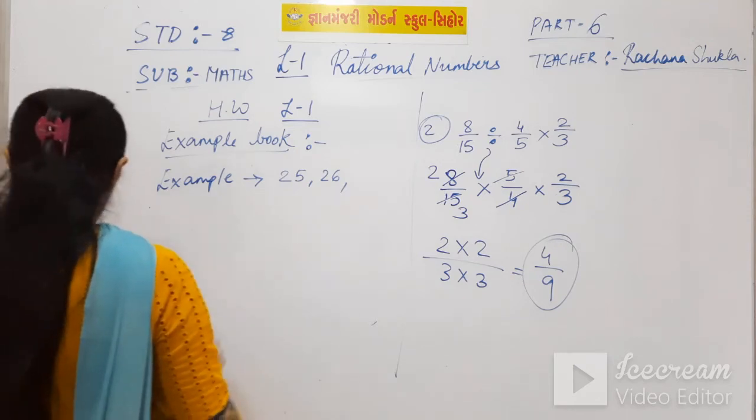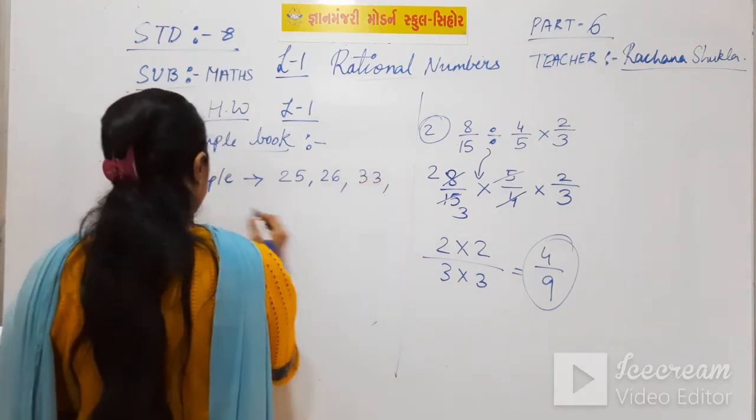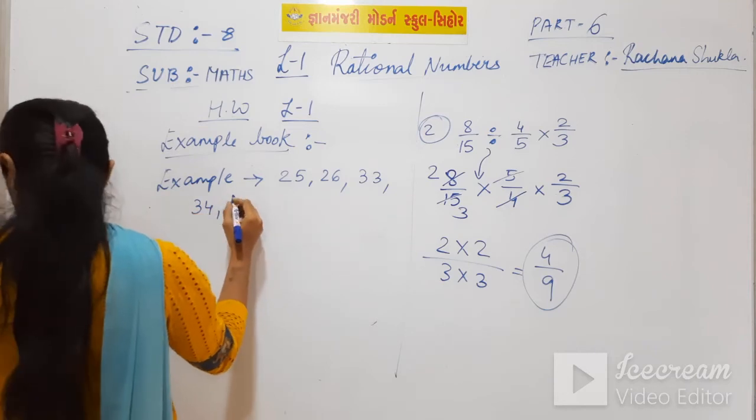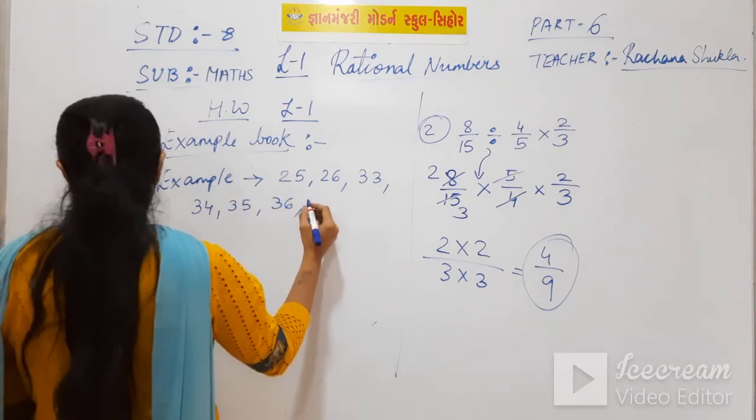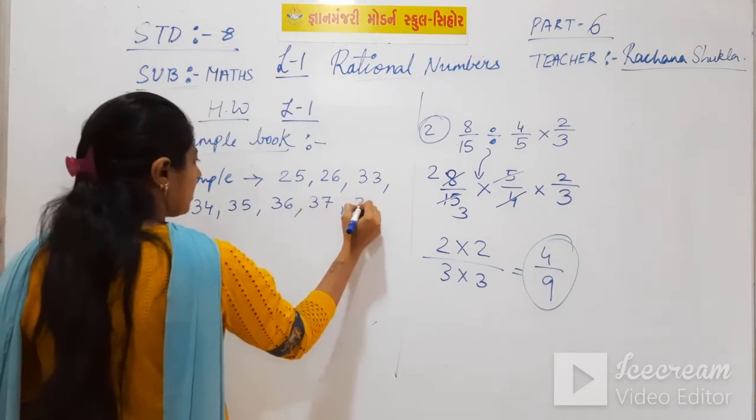Then directly 33, 34, 35, 36, 37 and 38.